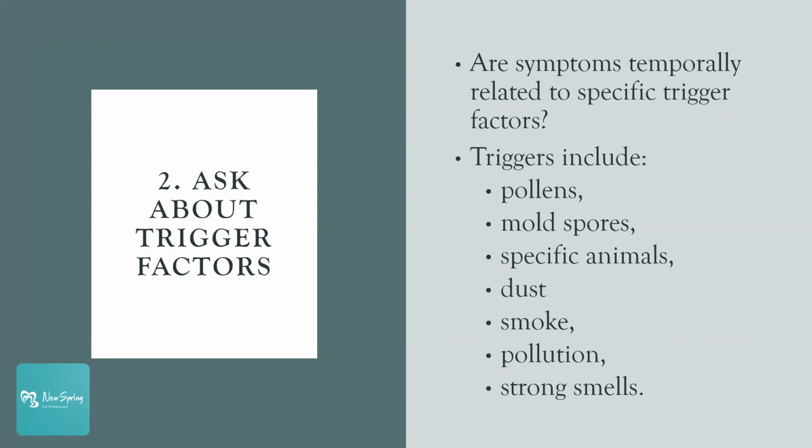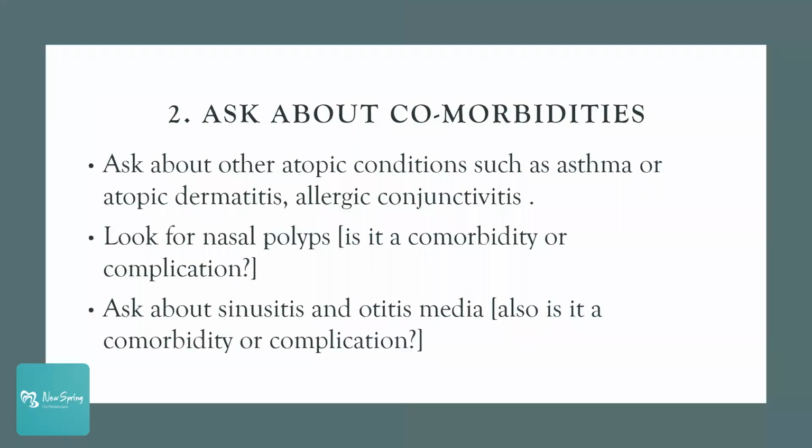This is just an example of the triggers that can cause allergic rhinitis in children. So please ask about them one by one and take your time in identifying the trigger, because once you know the trigger, it will be a major point in your management plan. Just avoiding this trigger will cause the patient to be much better.